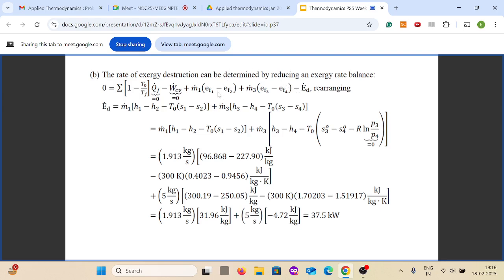Substituting, I get H1 minus H2 minus T naught times (S1 minus S2) as the exergy in minus out for R134A, and similarly for air, H3 minus H4 minus T naught times (S3 minus S4). Substituting the enthalpy and entropy values and the mass flow rate we found, we get exergy destruction as 37.5 kilowatts.